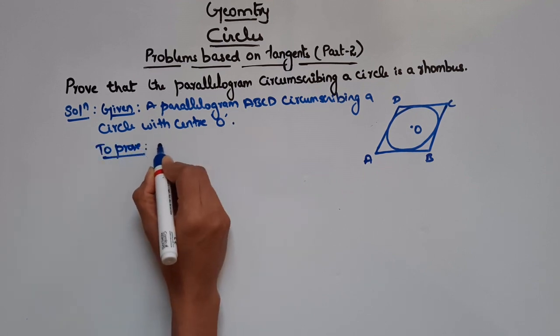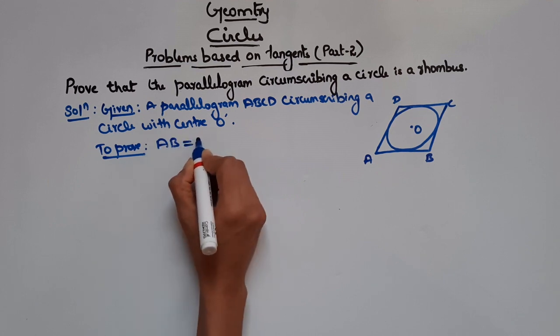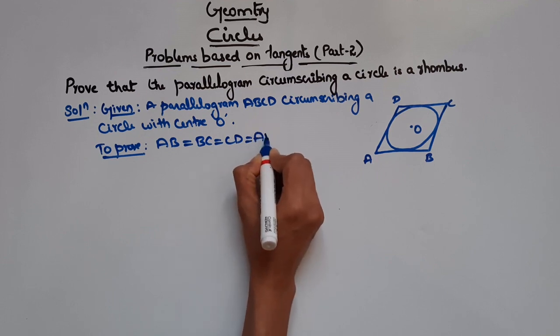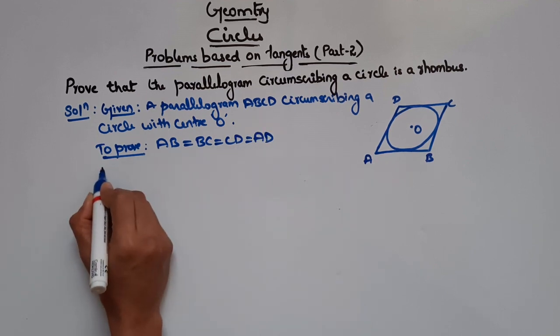To prove is that AB is equal to BC, which is equal to CD, which is equal to AD. Right? Now let's see the proof.